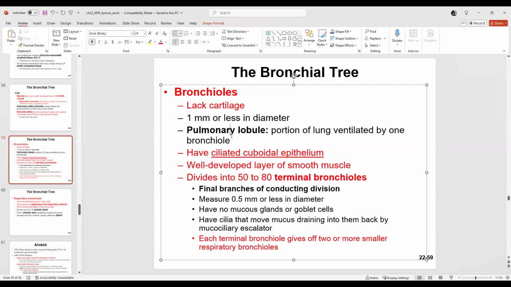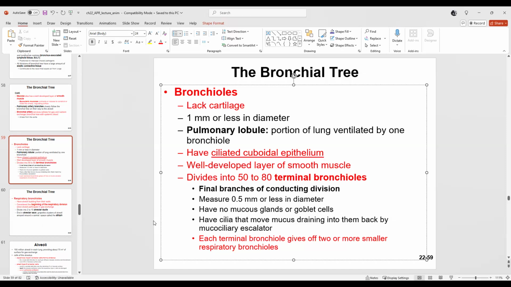So in primary, secondary, and tertiary bronchi, we see lots of cartilage and respiratory epithelium. Once we hit the bronchioles, which come out of the tertiary bronchi, we not only have a change from cartilage to smooth muscle, but the actual cells change from pseudostratified columnar with cilia to ciliated cuboidal.